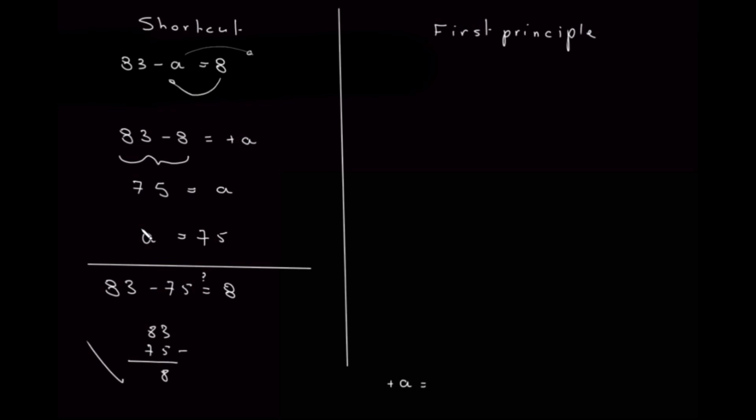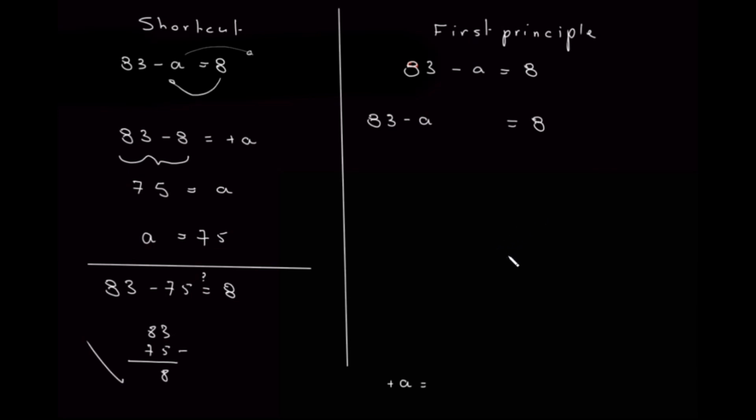Alright, first principles. We have 83 remove a equals 8. Now I'm going to put quite a bit of space in here. Here's the 83, there's the remove a, space, space, equals 8.